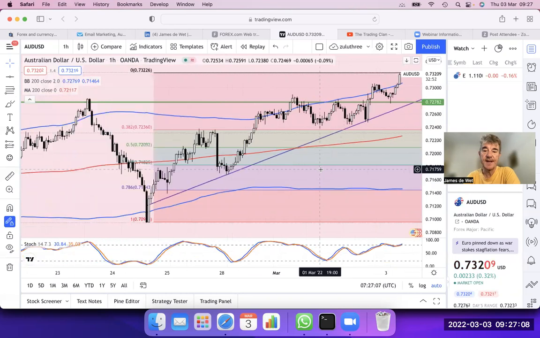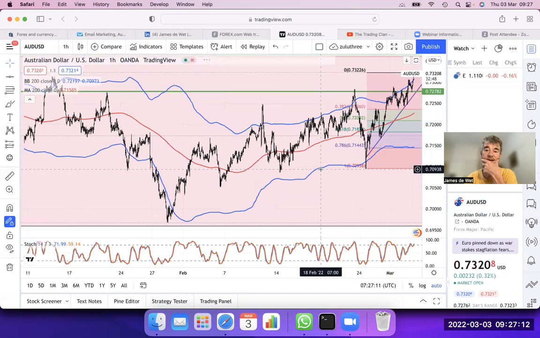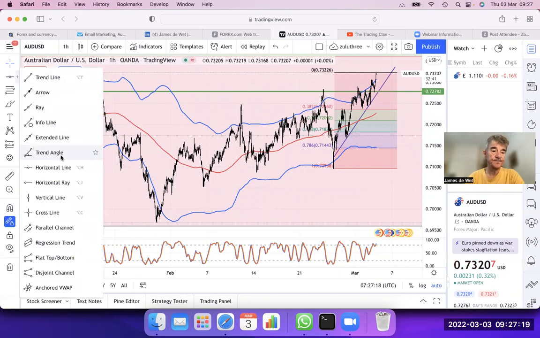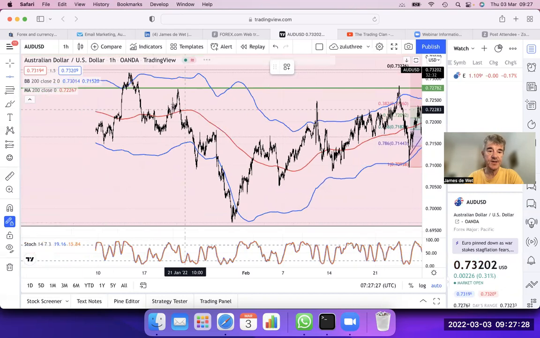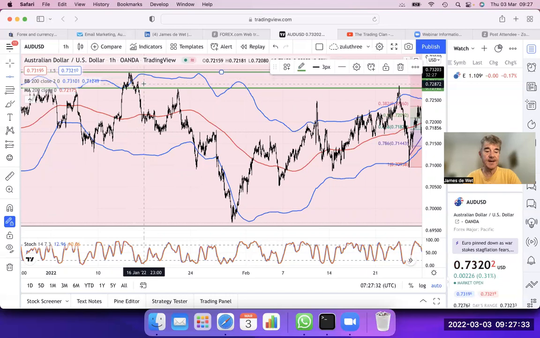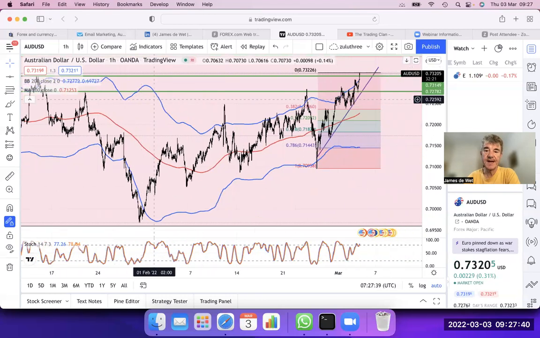So let's have a look at that. There's nothing really above us to act as a, there is, right, let's have a look here. So we want to put in a horizontal line at this previous resistance here. Let's just do it like this. There we go, there. Okay, so you can see there's a good resistance level back there. And I've drawn the horizontal line.